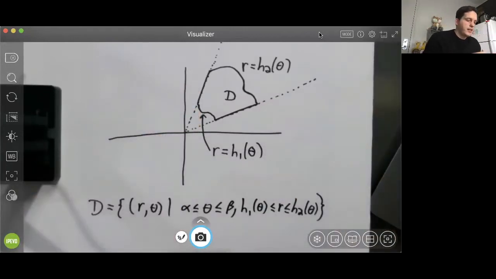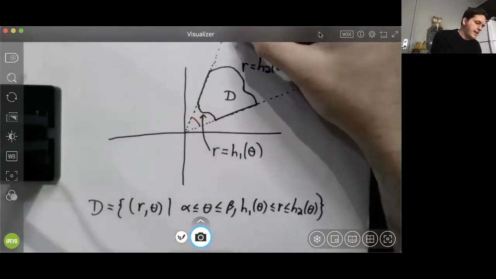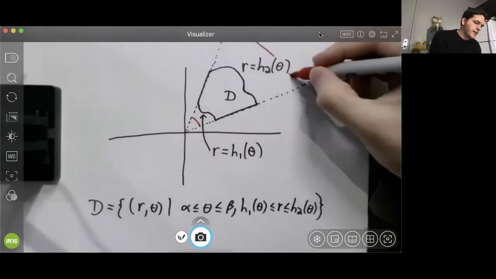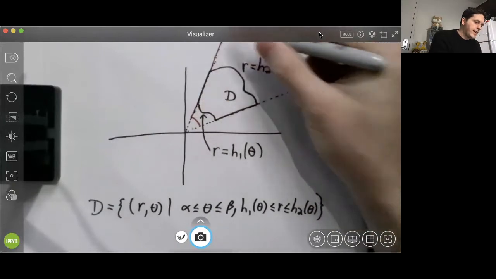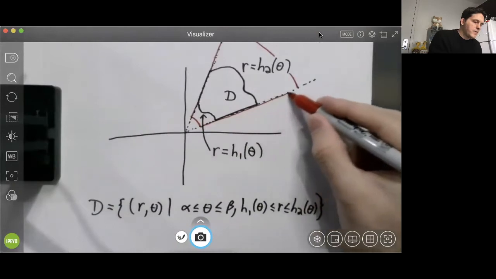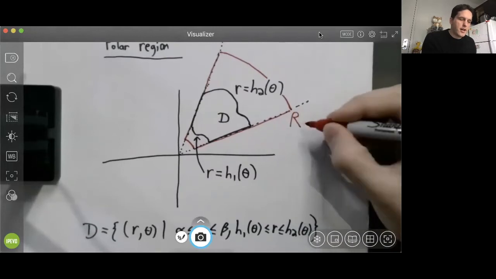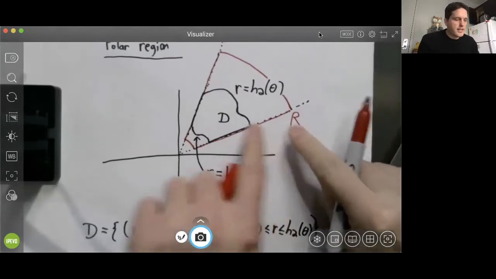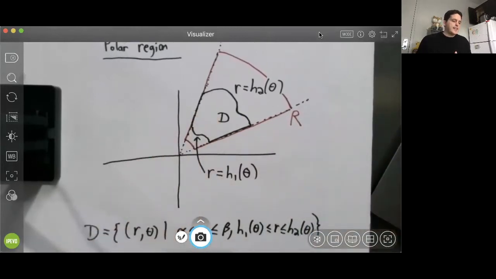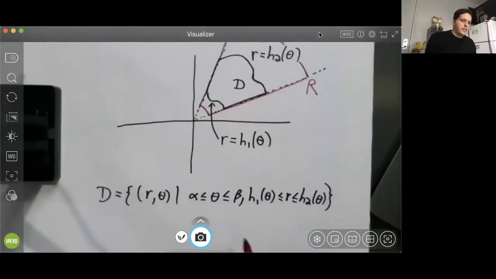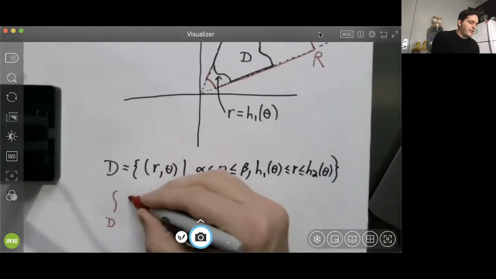So let me just draw this curve here and this curve here. And now what we have is a polar rectangle. Let me call this polar rectangle R. It's a polar rectangle which contains the region D that we want to integrate over. And let's say that our goal is to compute the integral over D of a function f.